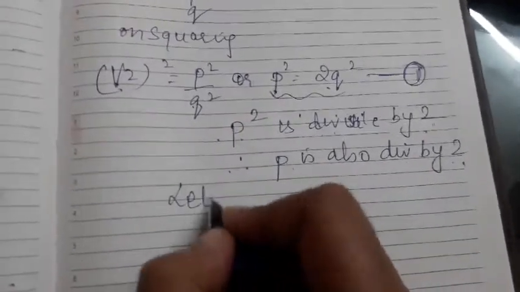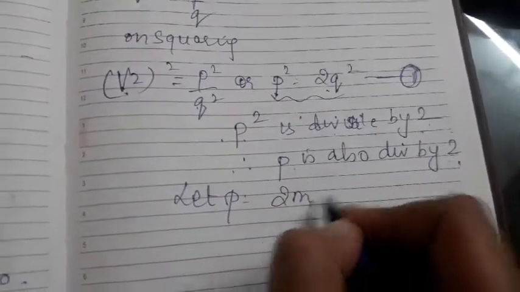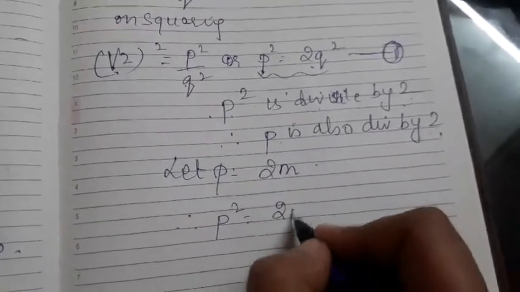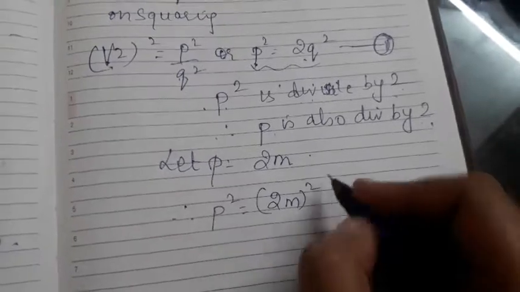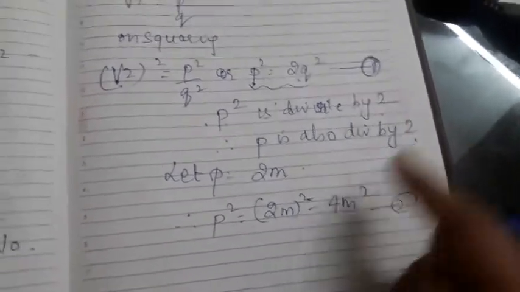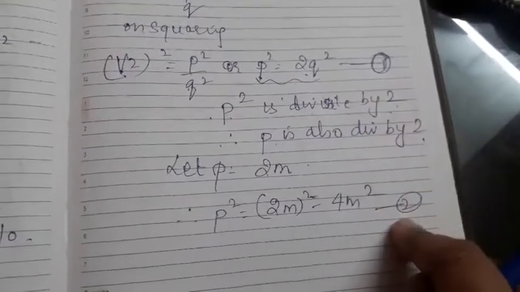Now let p be equal to 2m. Therefore I can write p square is equal to (2m) whole square, which is equal to 4m square. Now by 1 and 2, here it is 2q square and this is 4m square.